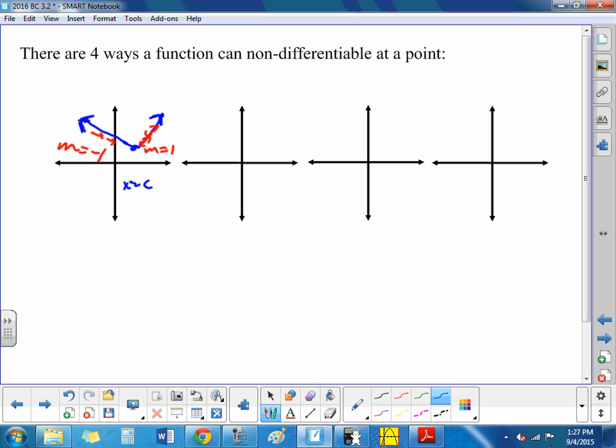Okay? So at x equals c, the slope abruptly changes from a negative to a positive. Or even from a positive to a positive. Like you could actually have a situation like this. The graph is rising, rising, rising. And then now it's rising, rising, rising, but it's a different slope. Or you could have a curved version of that. Rising, rising, rising.